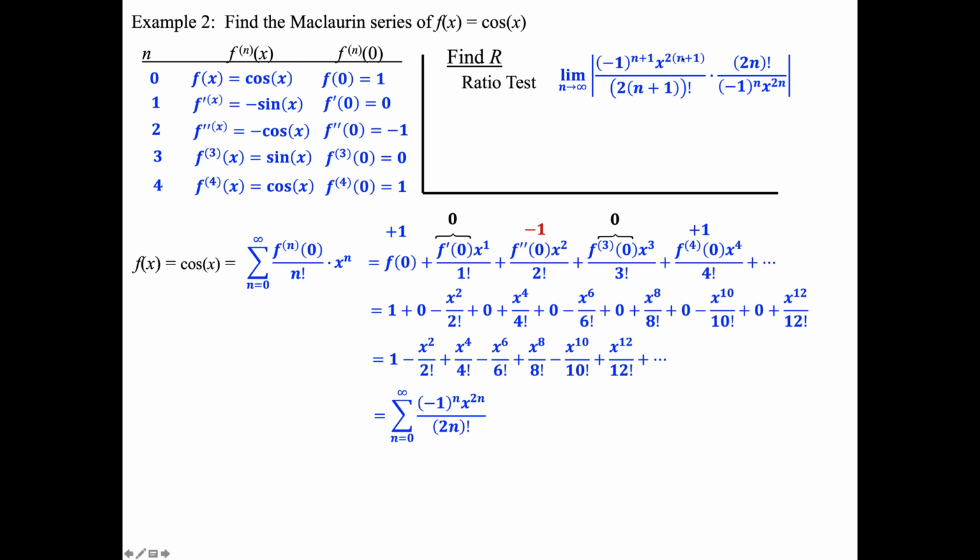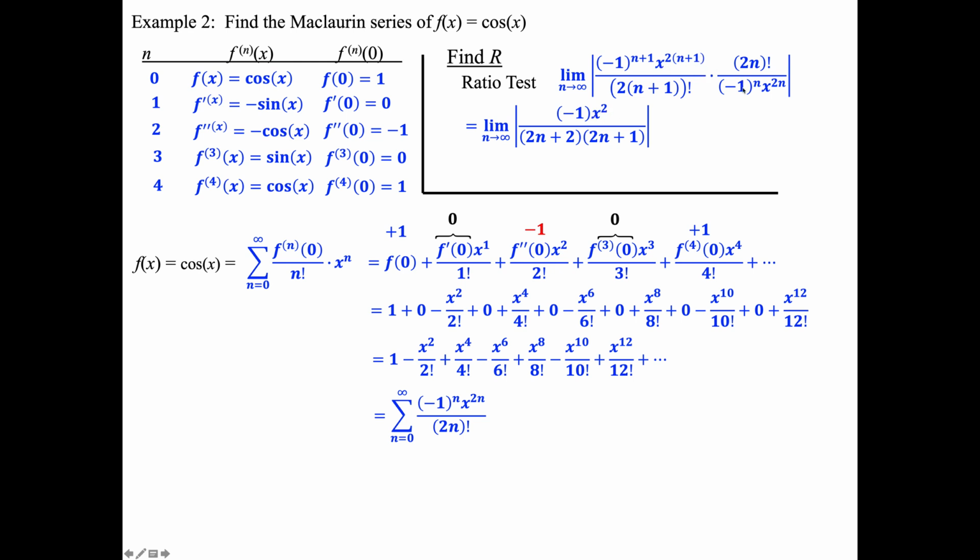So again, this is 2n plus 2. So we're going to have some extra x's left over, just like in our factorial. 2n plus 2 factorial. We're going to have a 2n plus 2 and a 2n plus 1. And then we finally get to the 2n factorial that we can cancel. So that's what happened with my factorials. Up here, x to the 2n plus 2 over x to the 2n cancels out everything except for the plus 2, so that's the x squared.